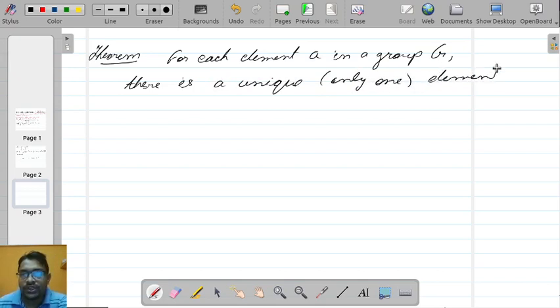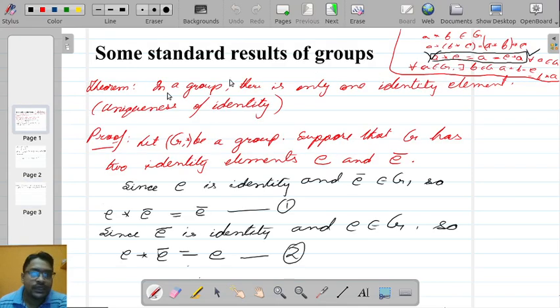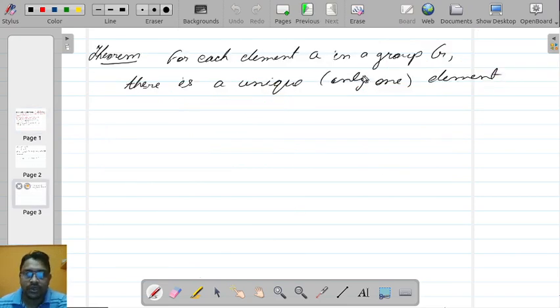So in the definition we did not say unique. In the definition we said that given any A, there exists an element in G which satisfies A star B equal to E. So for each element A in a group G, there is a unique element B such that A star B equal to E equal to B star A.